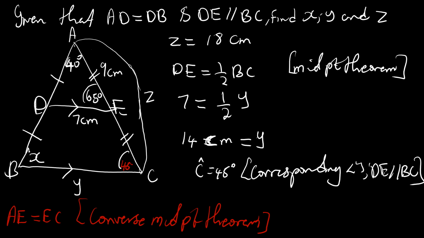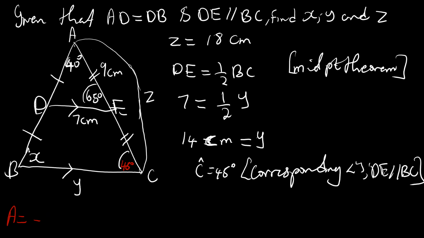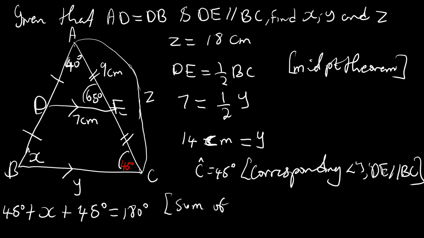If we add angle A plus angle B plus angle C, it's going to give us 180, because those are the sum of angles in a triangle. So angle A is 45 degrees plus x plus the other one is 45 degrees. It's going to give us 180. Reason is the sum of angles in a triangle. Always make sure you provide the reason.